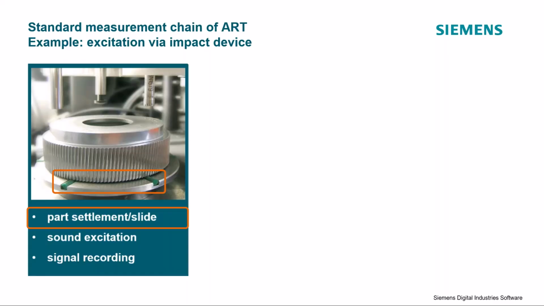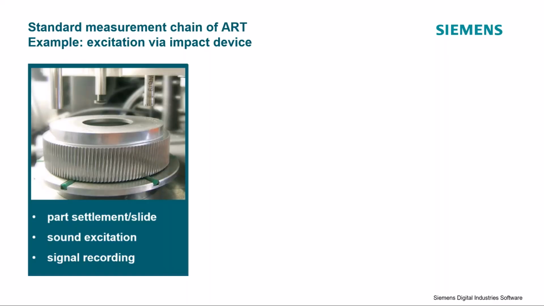So I have to put it there reproducibly and isolate it from the environment. This means I don't want to get the sound of the metal plate below. Therefore, I need these green rubber cords, and I only use 3 of them. It's the least number.